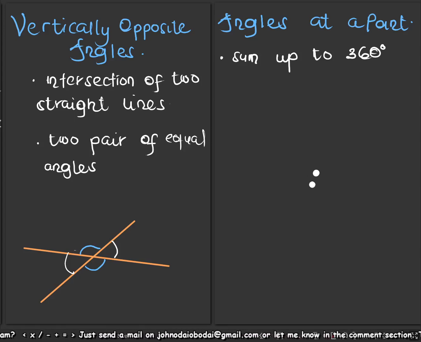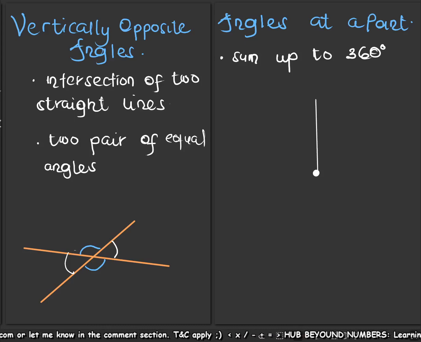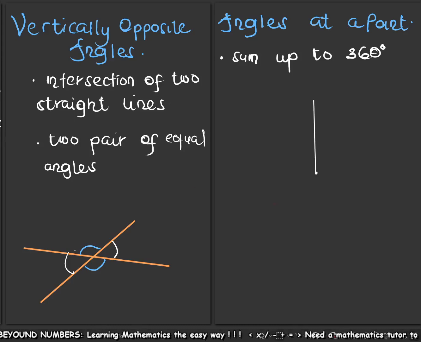Let me put this point here, and this is our point we are going to build these angles on. After which I draw lines or arms of angles. So this is an arm, and then another arm this way.